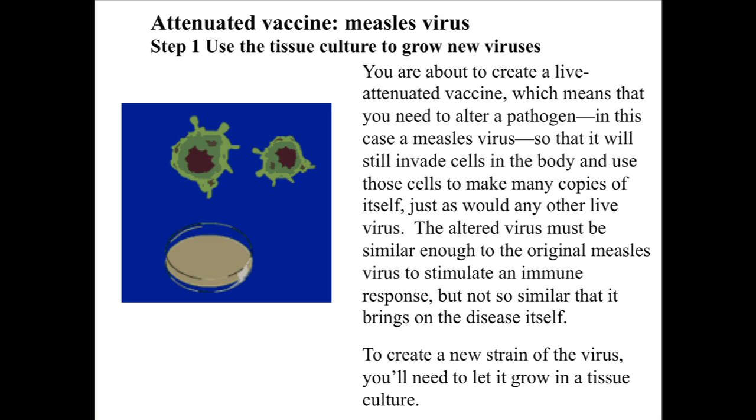So in terms of an attenuated virus, in the case of measles, you would want a pathogen that is altered such that it would still invade cells, and you could use those cells to make copies of the virus, just as you would any other live virus. The altered virus must be similar enough to the original measles virus to stimulate the proper immune response, but not so similar as to cause the disease itself.